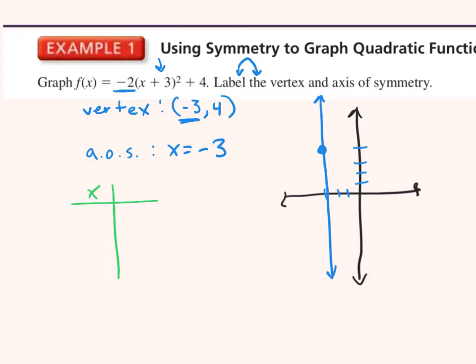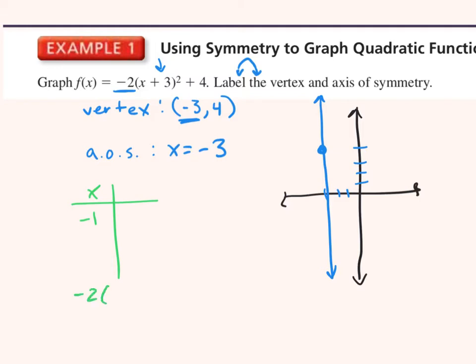What can we plug in for x to find some points on our graph? -1. You could literally plug in anything for x, but we want to kind of stick close to the axis of symmetry. So -1 works. So let's plug in -1.